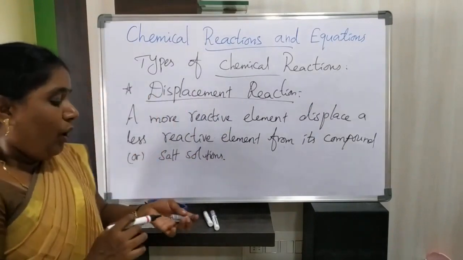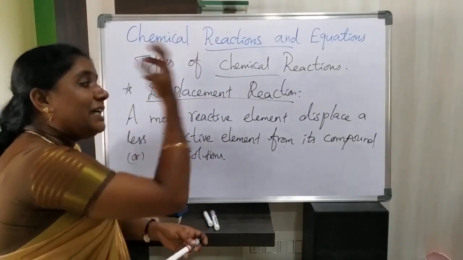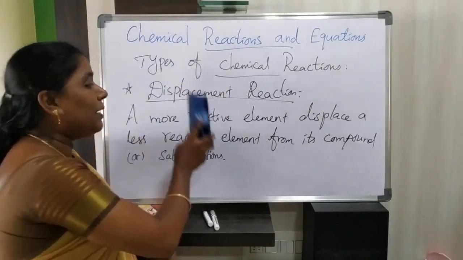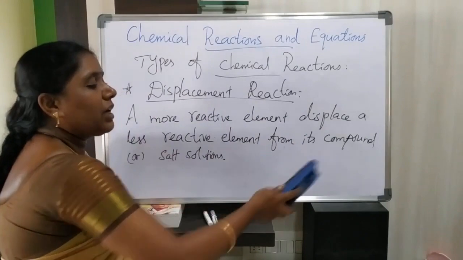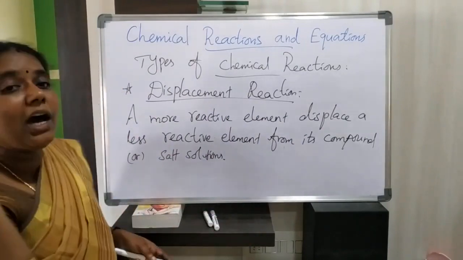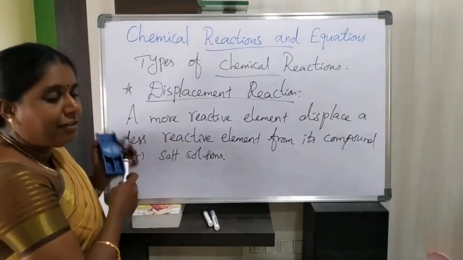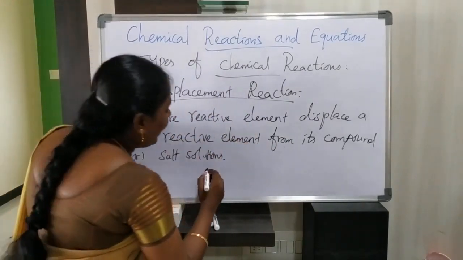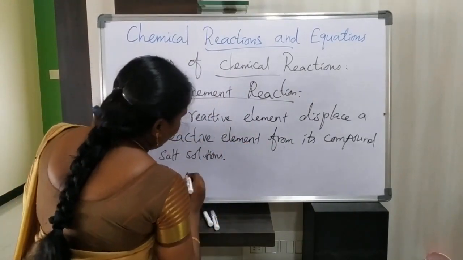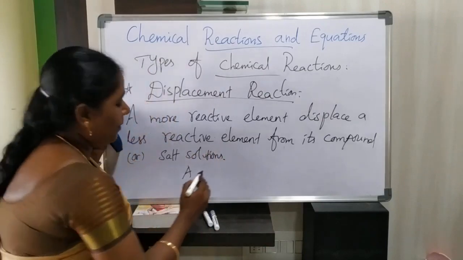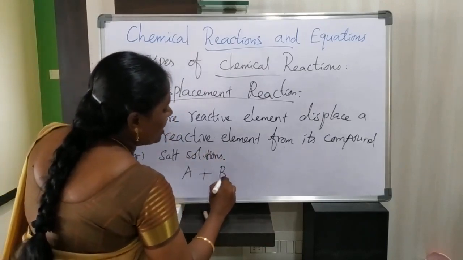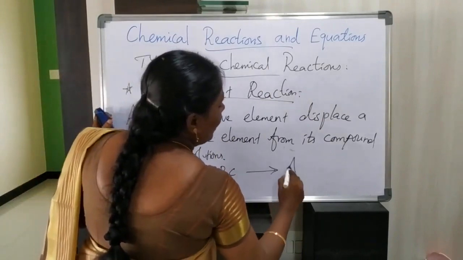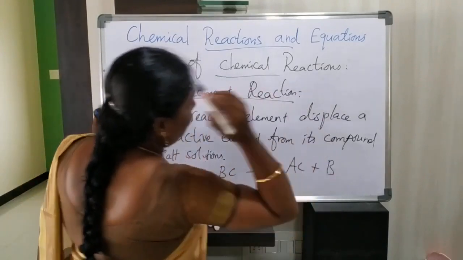Listen, what is meant by displacement reaction means a more reactive element displaces a less reactive element from its compound or from its salt solution. For example, consider an element A, one element. It combines with one salt solution, that means it is BC, and it forms AC and B.